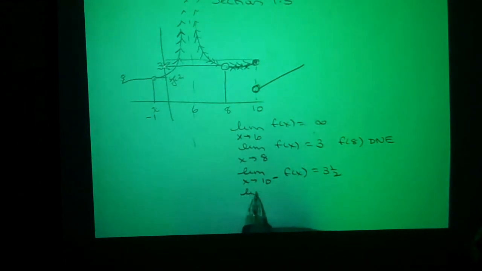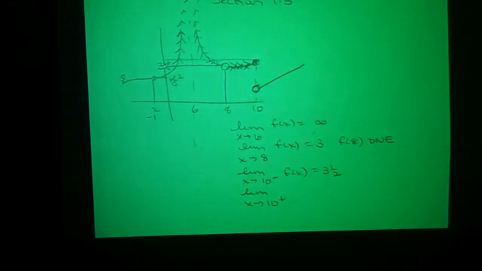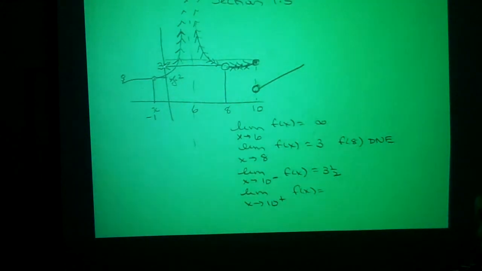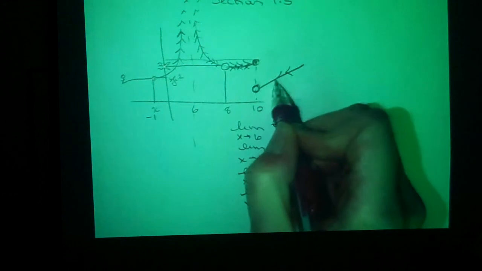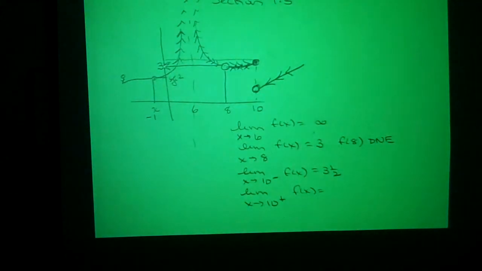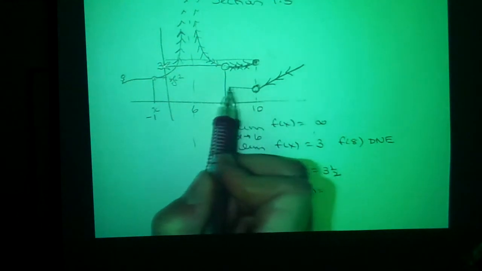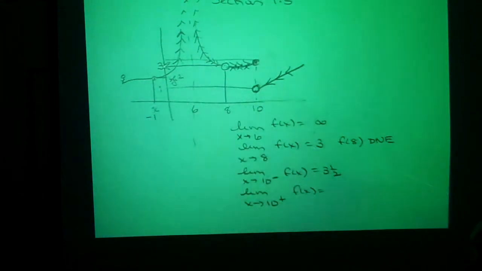As I approach 10 from the right, we put a little plus afterwards to say 10 from the right, I'm going to be at a different point on the y-axis because I'm going to be coming this way, approaching 10 from the right. I'm going to be way down here. Maybe that's a y value of 1.